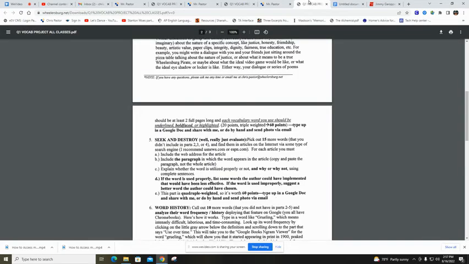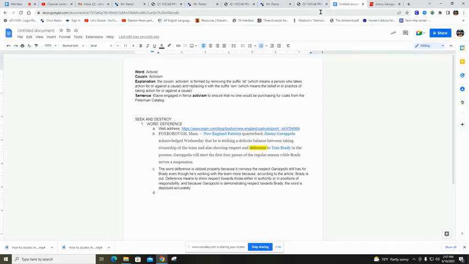Now what does Part D say? Part D says if it's utilized properly, list some words the author could have implemented that would have been less effective.